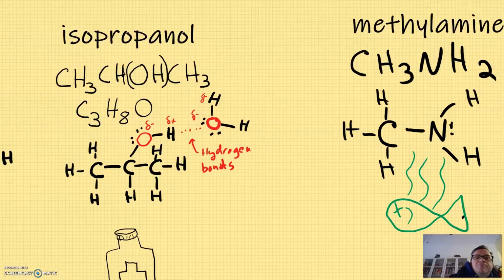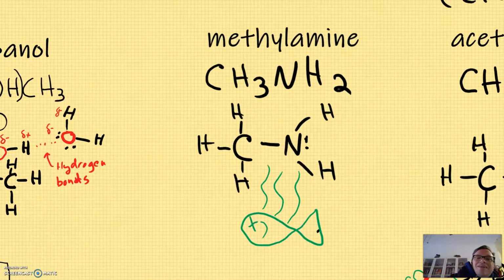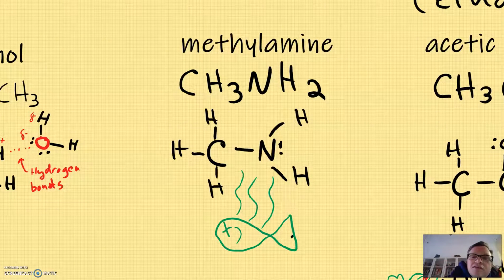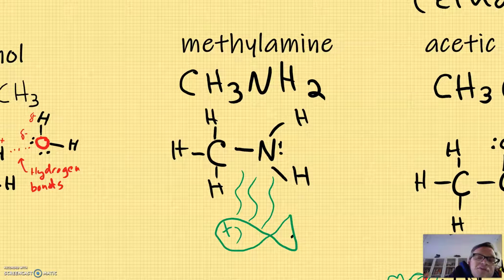Right. Next group is an amine group. The amine group is NH2. The amine group is based on ammonia. Ammonia is NH3. Ammonia is a base, and adding an amine group onto something will also turn it into usually a weak base.